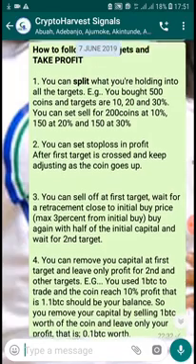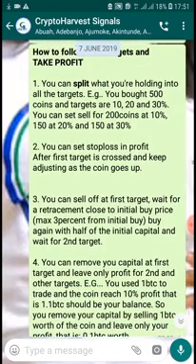I would like to teach us the different types we use in Crypto Harvest, and then you can choose the one that best suits you. This is also a form of risk management strategy to enable you maximize your profits and minimize your losses.